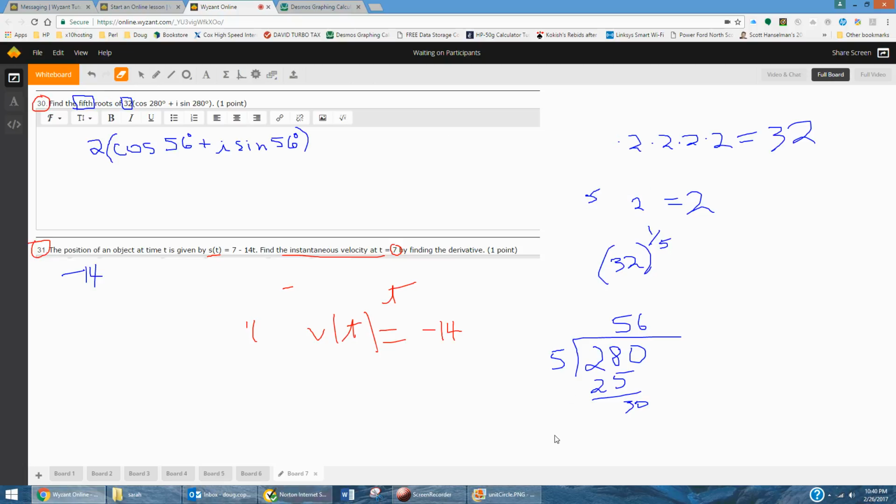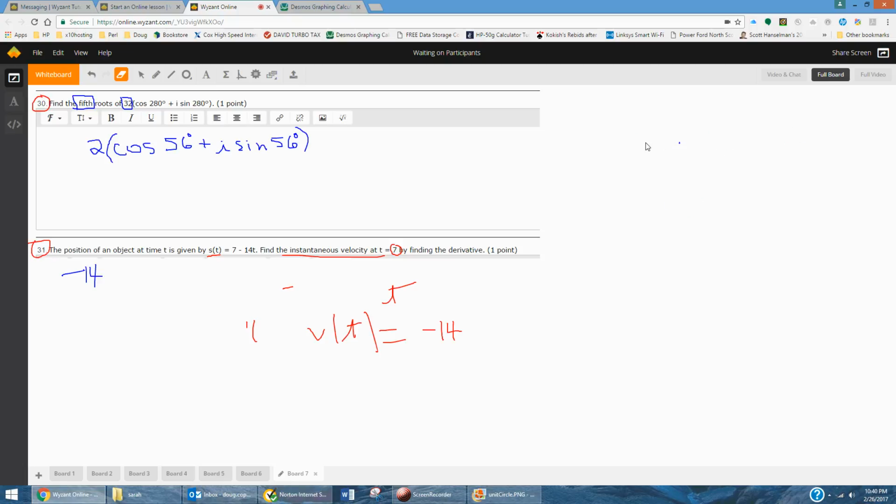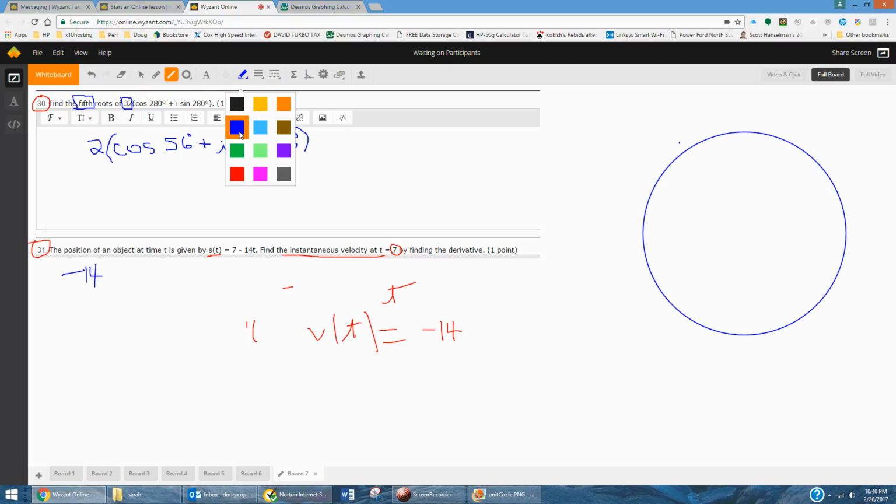Now the question is, how do you find the other 4 roots? Here's what you have to do. And again, I'm not giving you a formula, just giving you a technique. So I'm going to draw a circle out here. Then I'm going to draw the axes.